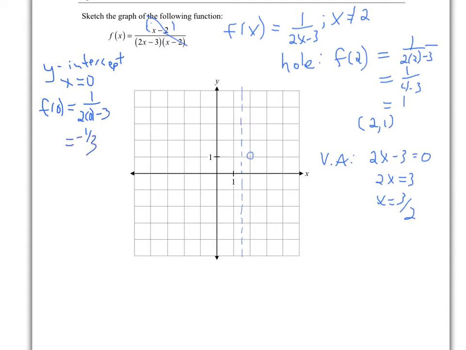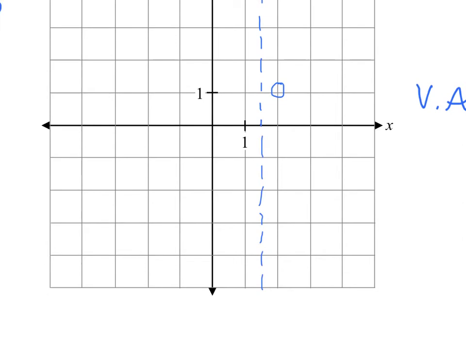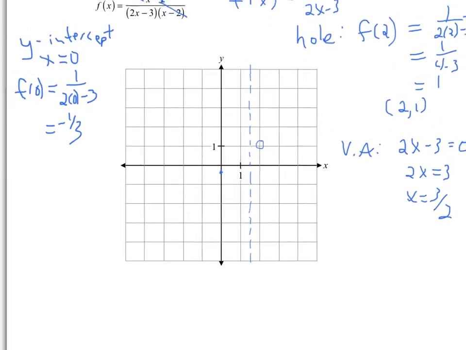Our y-intercept is at negative 1 over 3, which is approximately right here. Let's make that a little better. Let's zoom in. Negative a third would be approximately right here. Nice dot.